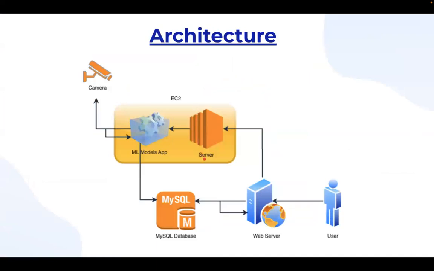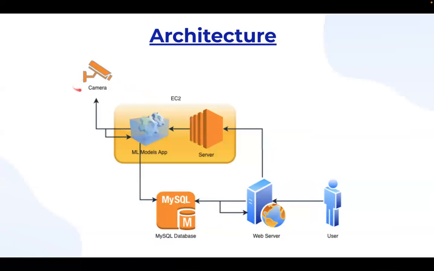And this is the architecture that we used. Here's the user. The user tries to invoke the web server. The web server consists of our full stack application, and here's our MySQL database that is connected to the web server. The models that we built will be running on a separate server on cloud.